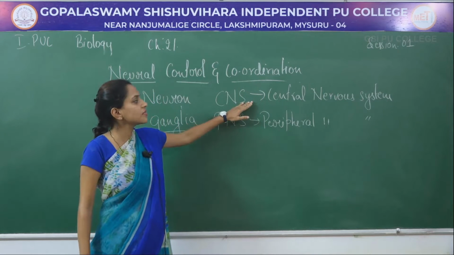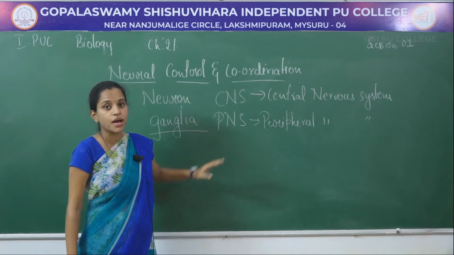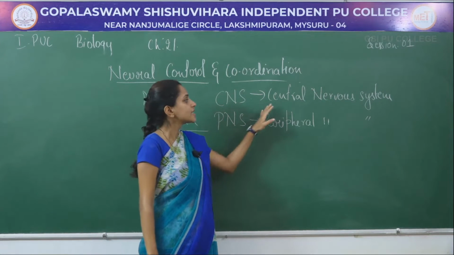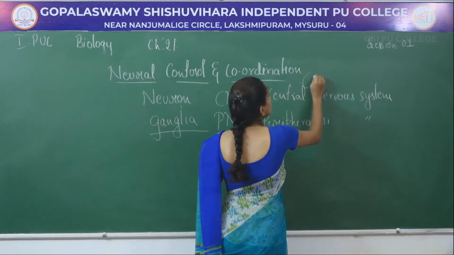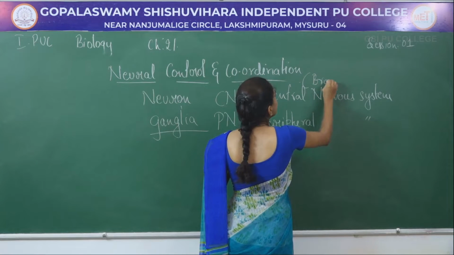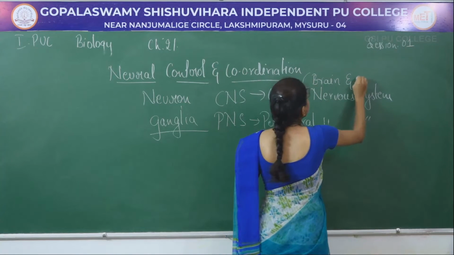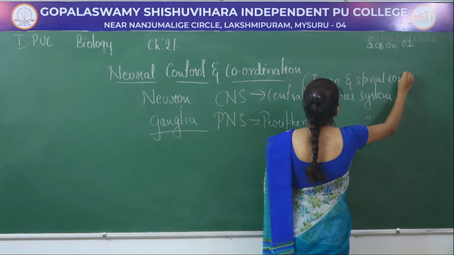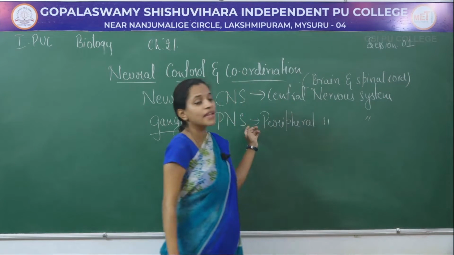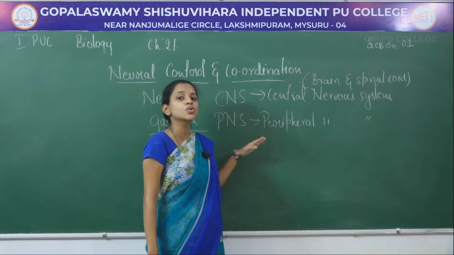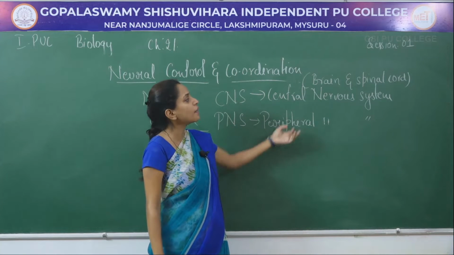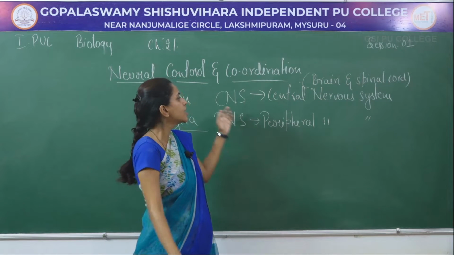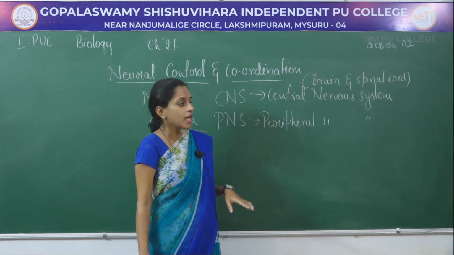The central nervous system and peripheral nervous system are the two divisions which come under the human nervous system. The central nervous system includes the brain and spinal cord, whereas the peripheral nervous system includes all the nerves which are generated from the central nervous system.